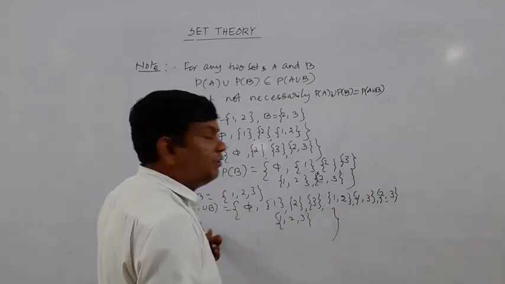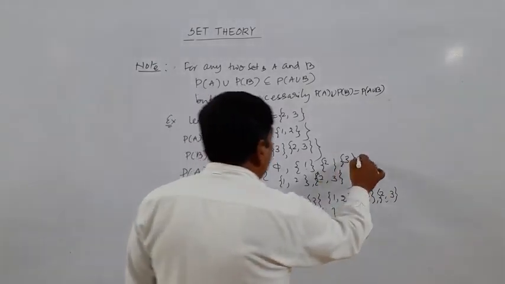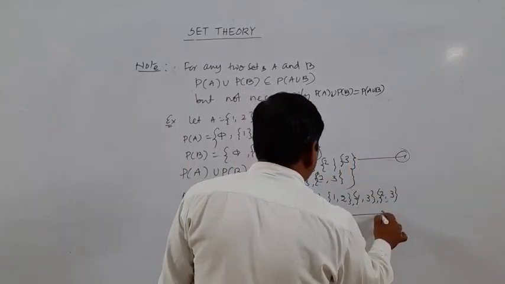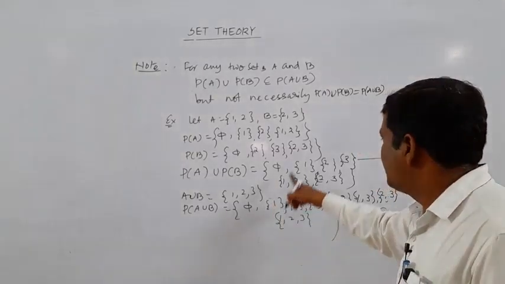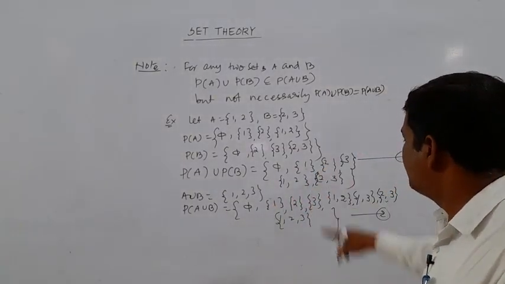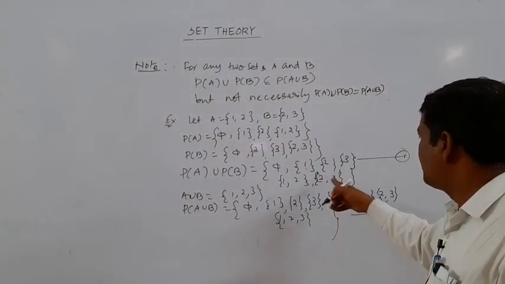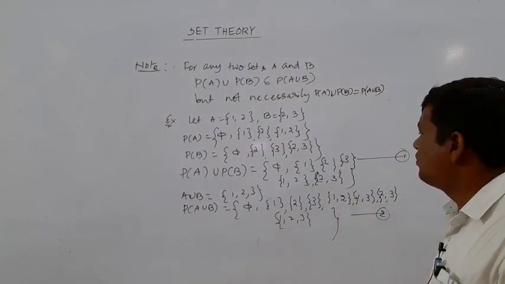So here suppose this is 1 and this is 2. From 1 and 2, what is here? ∅ present, {1} present, {2} present, {3} present, {1, 2} present, {2, 3} present, but {1, 3} not present.